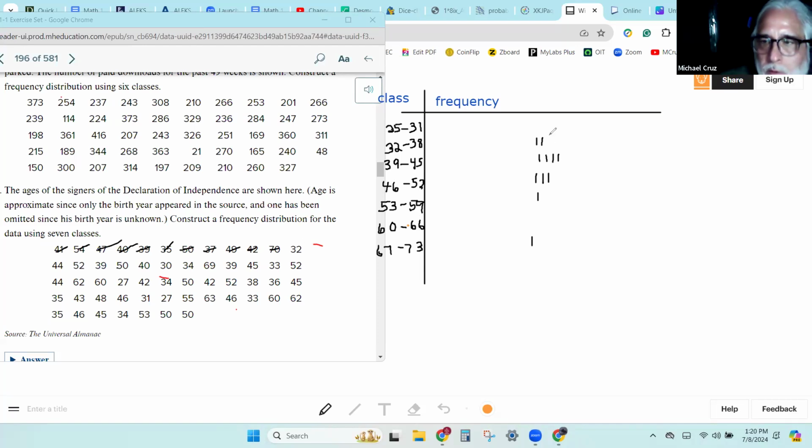So 32 right there. 44 completes out that one. 52. And then 39. 50.